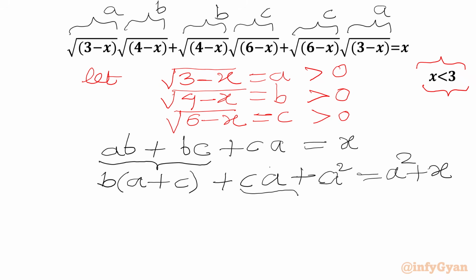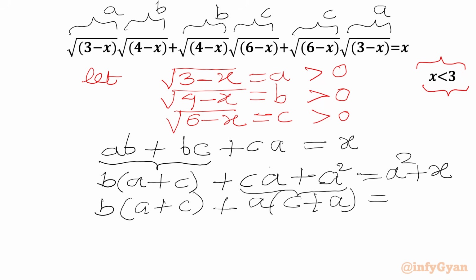Now we can take A common from these two. So we will write B times A plus C plus A times C plus A equal to, after squaring both sides here, we will get 3 minus x equal to A square.